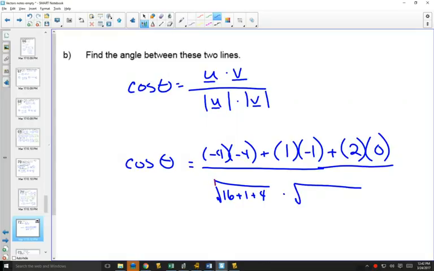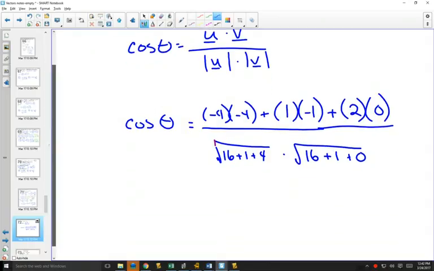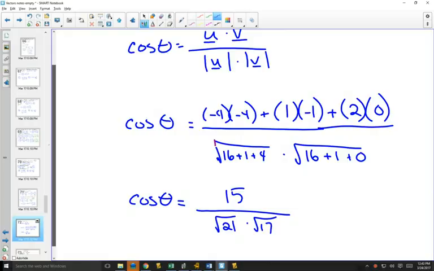And the length of the other one would be negative 4 squared, still positive 16, plus 1 plus 0 squared is 0. So we get that cos of theta is equal to 16 minus 1 is 15 over the square root of 21 times the square root of 17.